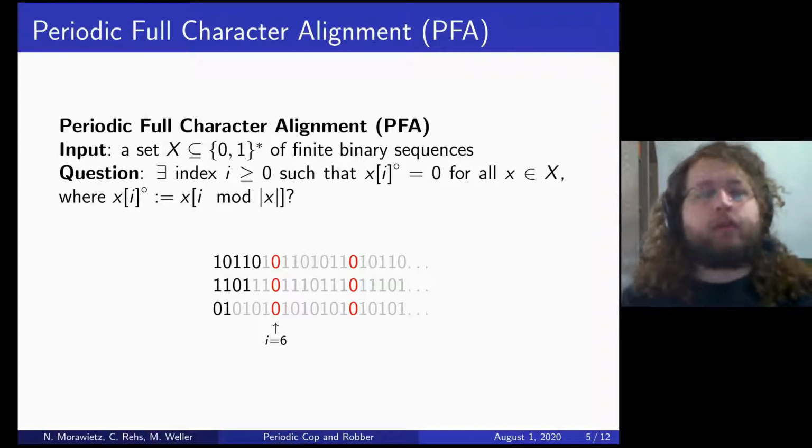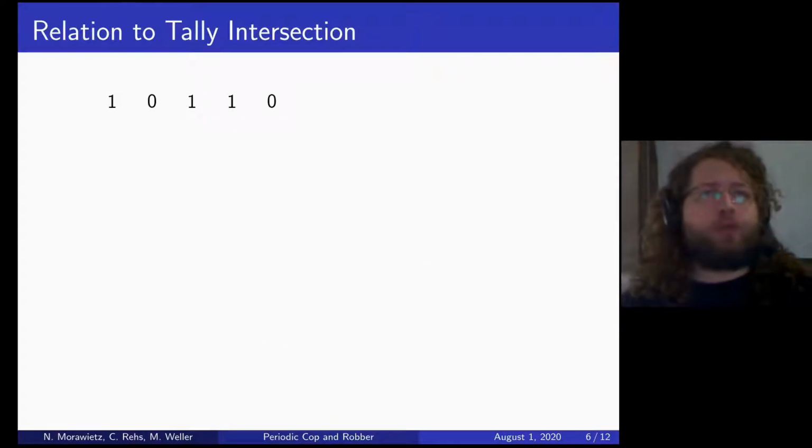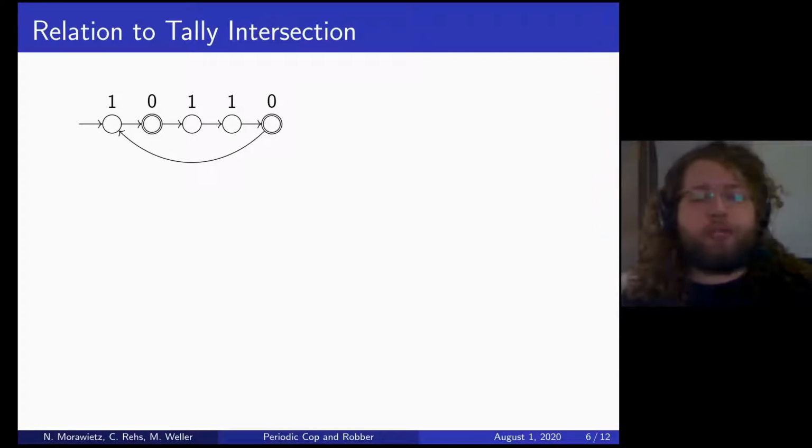So it turns out that the NP hardness for this problem is actually not under this interpretation, but under a different interpretation of the input. So if we interpret one of the sequences as a deterministic finite automaton of a unary alphabet, so just a directed cycle, where we start to count at the initial state and say that the j-th state is accepting if and only if the corresponding sequence is equal to 0 at position j.